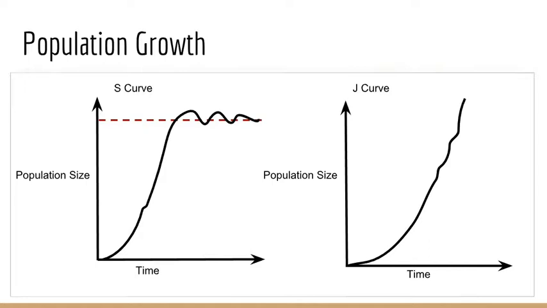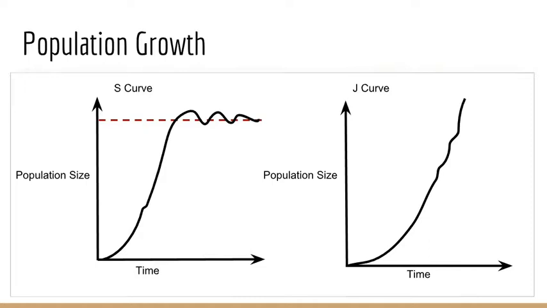On the other side is the J-curve. The J-curve is misleading because it looks just like the beginning of the S-curve, except it just keeps going up. The J-curve is an example of exponential growth.